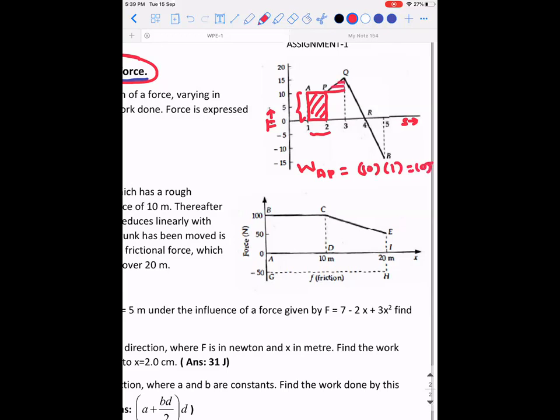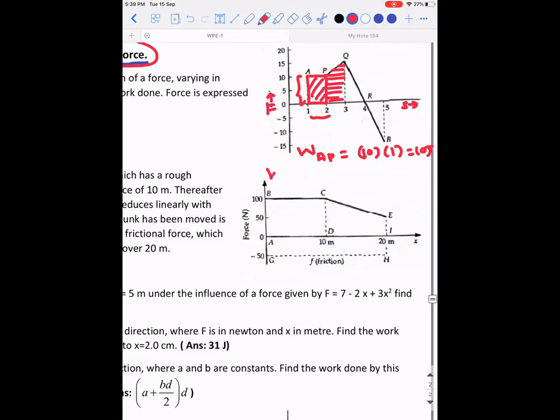What about this area? That is work done from P to Q. What shape does it take? It takes the shape of a trapezium, right? So trapezium, what is going to be the area? Half into sum of the parallel sides into height.